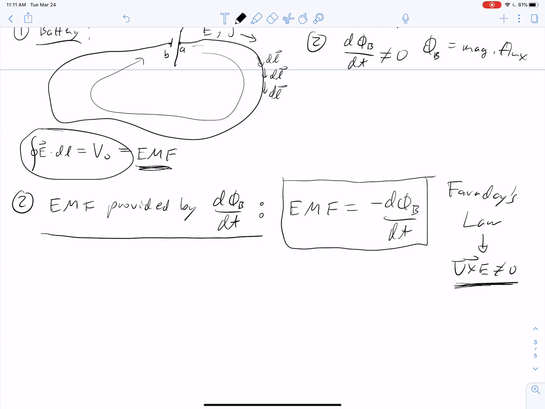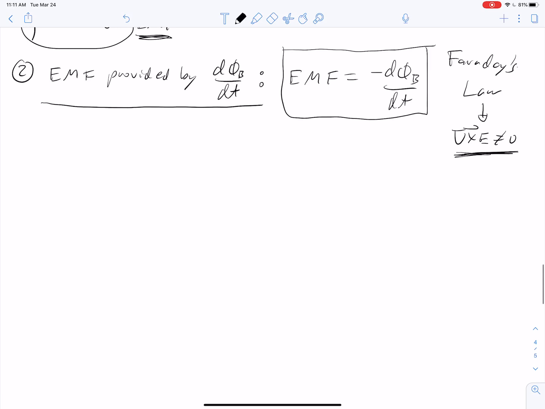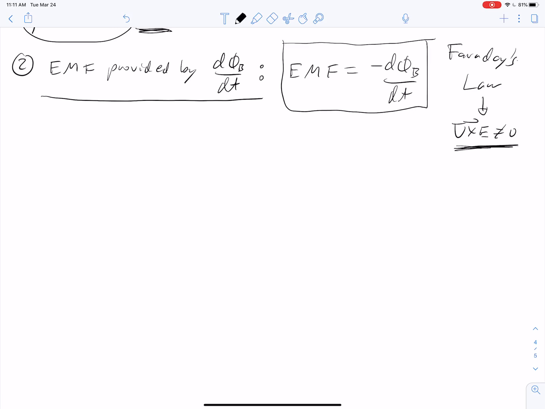Okay, for a perfect loop, let's see how this can be. Let's derive this relationship and then see how it leads to this relationship.